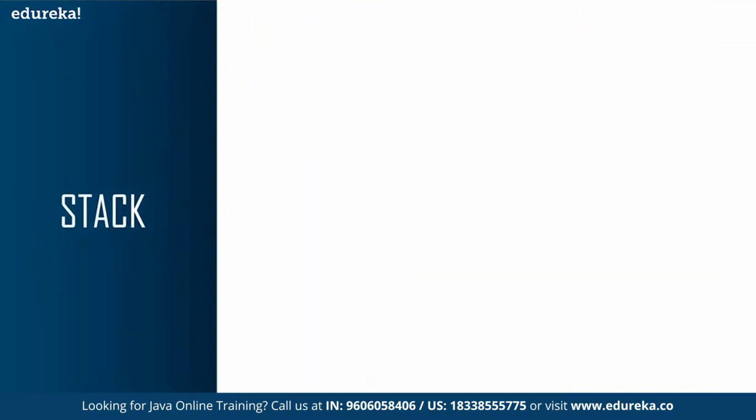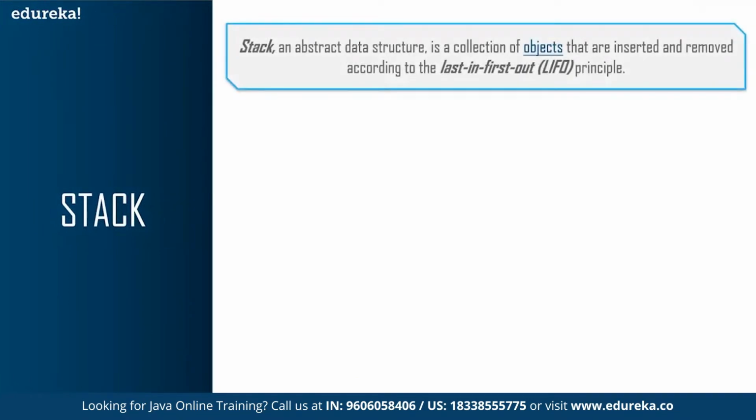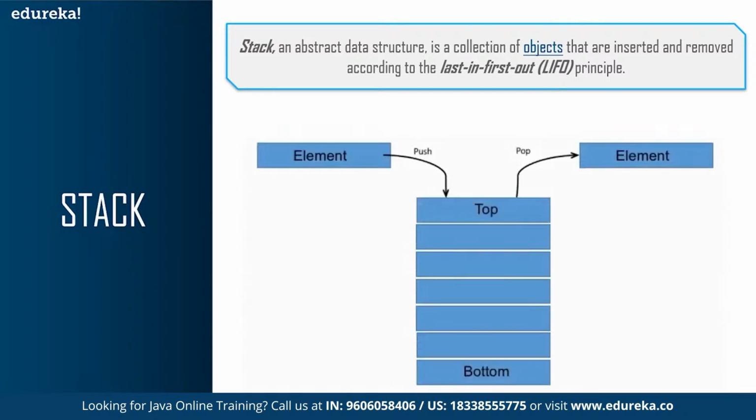Now, talking about the stack. Stack is an abstract data structure. It is a collection of objects that are inserted and removed according to the last in first out principle, that is LIFO. Objects can be inserted into a stack at any point of time, but only the most recently inserted, that is the last object, can be removed at any time.